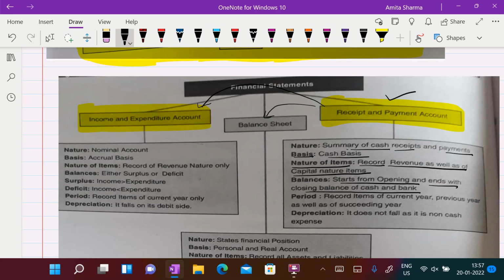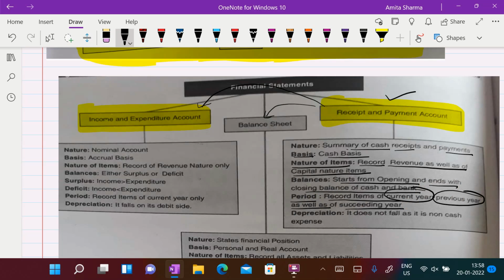So it has to balance brought down and by balance carried down. And for the period, this is the most important point, it records items for the current year, for the previous year, as well as the succeeding year.